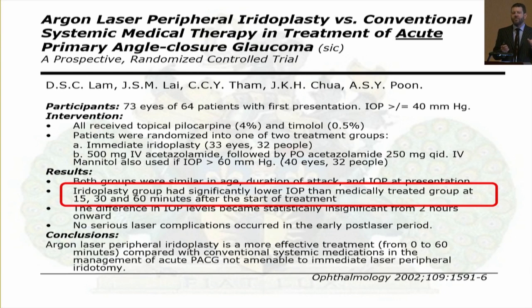Well, Dennis Lamb's study of argon laser iridoplasty for acute angle closure is very powerful. A number of patients don't respond to pilocarpine and Diamox for acute angle closure crises.